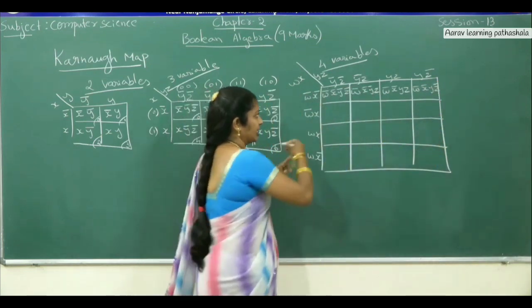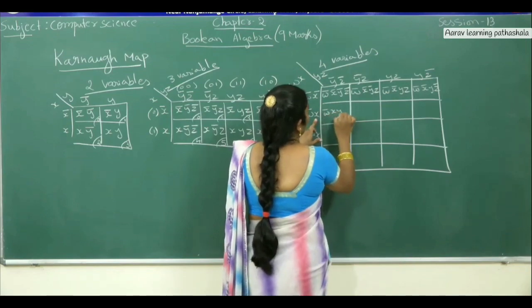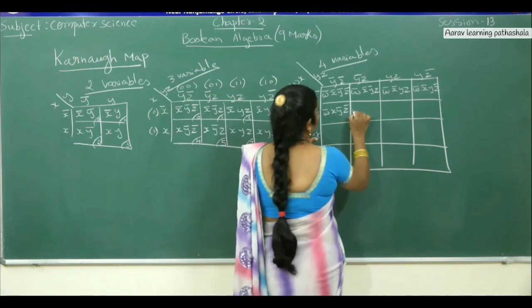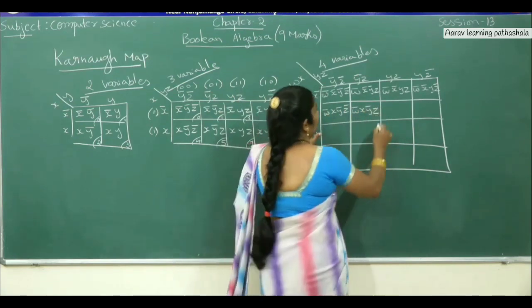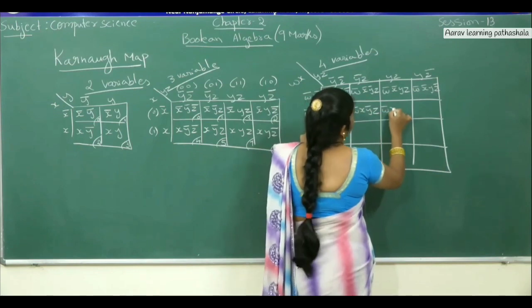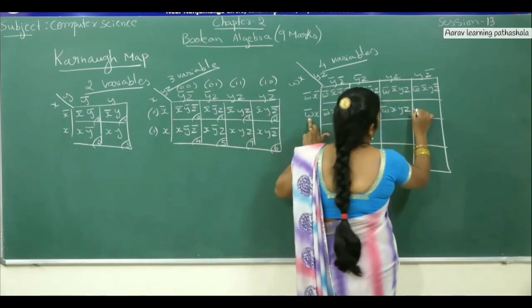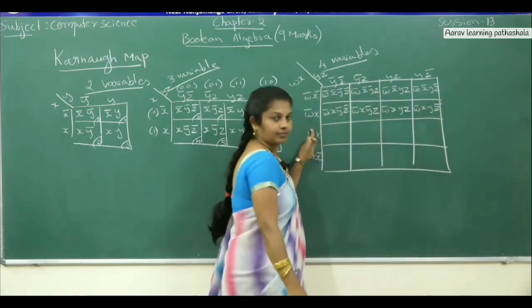Next, same pattern, write in the corresponding row and corresponding column. W bar, X, Y bar, Z bar. Next, write down W bar, X, Y bar, Z. W bar, X, Y, Z. Corresponding column. Once again, W bar, X, Y, Z bar.